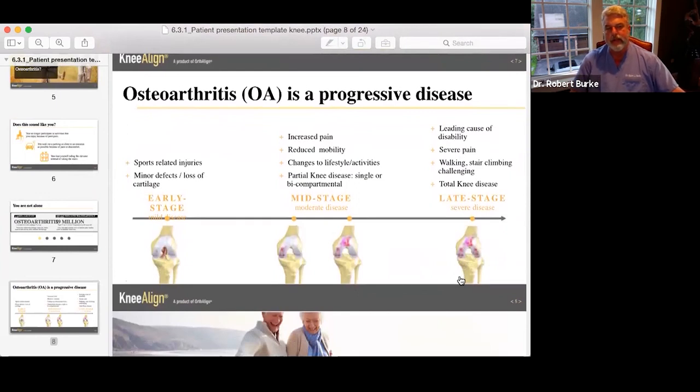Osteoarthritis is a very progressive disease. It normally starts out with minor cartilage loss, potentially due to a traumatic injury when somebody is younger, or it can occur also in middle age.